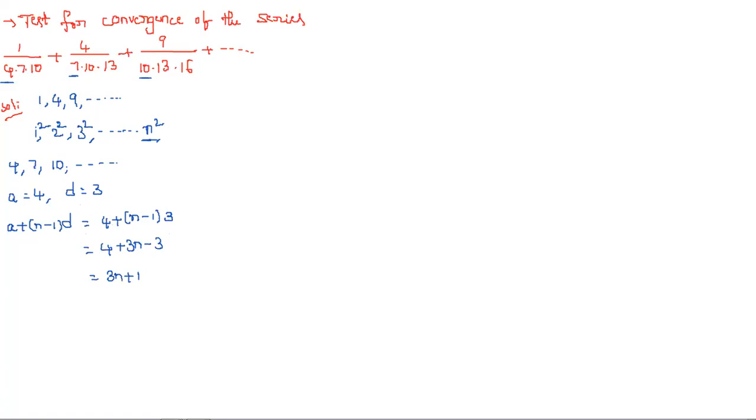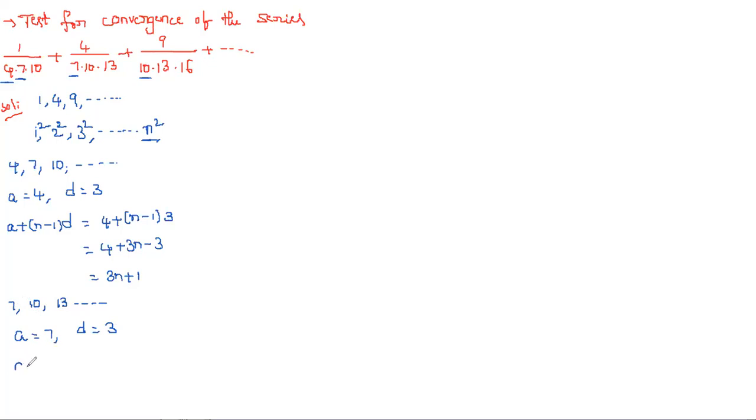And next, take the second terms. What are the second terms here? 7, 10, 13, and so on. These are the second terms, and here also the difference is equal. 10 minus 7 is 3 and 13 minus 10 is 3. So we can apply arithmetic progression, with a equal to 7 and d equal to 3.